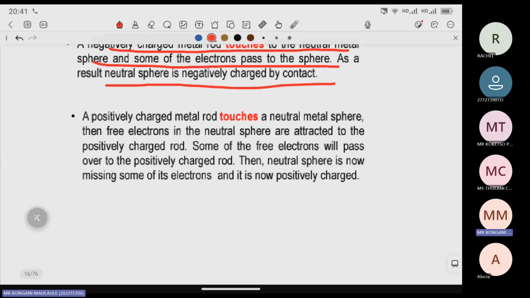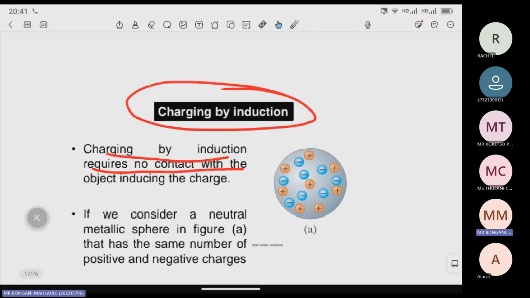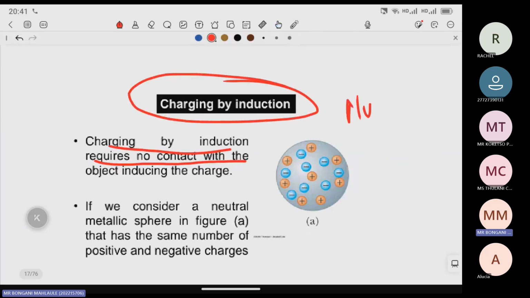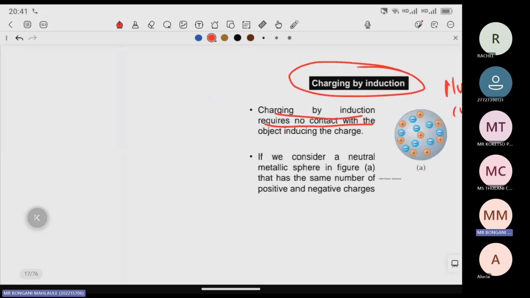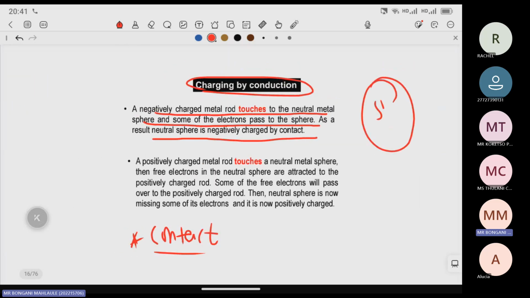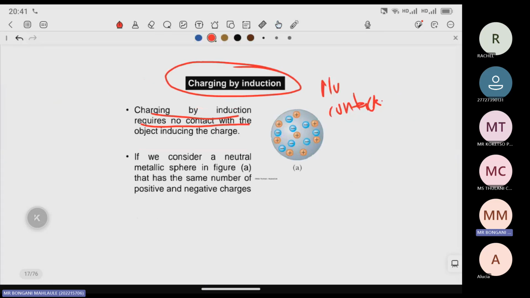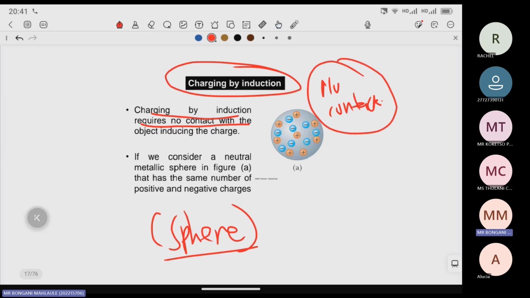So here it's a matter of contact: here there is contact, and here there is no contact. It's important that you know this. Both of them are talking about a sphere. Here there is no contact. Electrons are just transferred between two objects without contact.